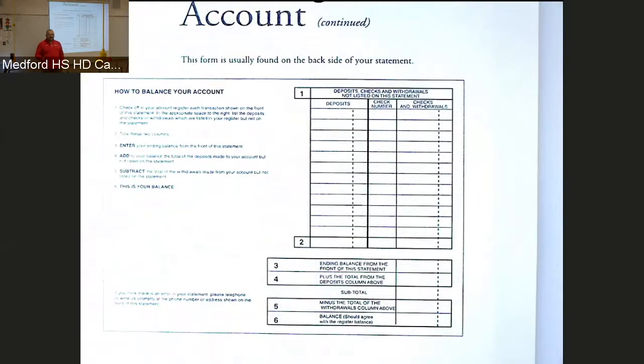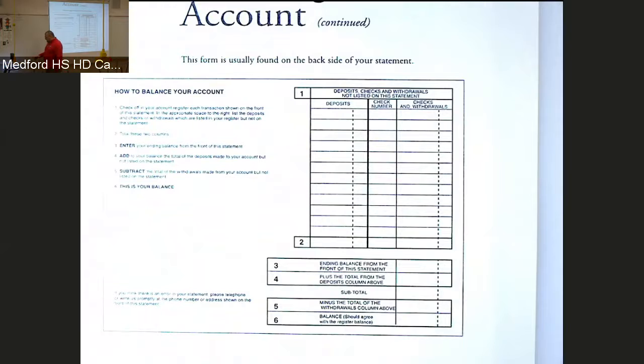So it's a small deposit of maybe a couple of dollars or maybe even just a couple cents that we have to add into our checkbook balance. So that's why we really want to make sure that everything that is on the statement is in our register, and then check off and make sure we know what deposits and withdrawals on our register are not calculated in our statement. So that's the first step.